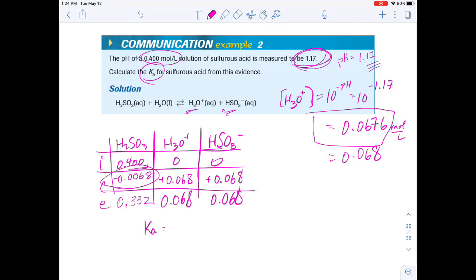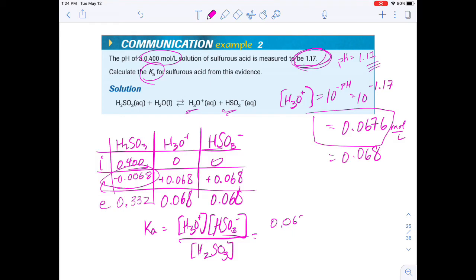So when I'm calculating the Ka this time, I'll write the equation because that's not a bad thing to do. We've got the hydronium times the hydrogen sulfite over the concentration at equilibrium of sulfurous acid.